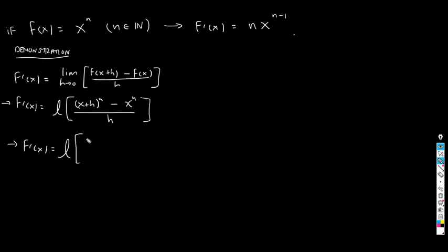Let's continue. f prime of x is going to be equal to the limit as h goes to 0 of the following. Let's expand this binomial to the n. Okay, now it's difficult because it's an unknown exponent, right? So what we can do is just this. What's going to be the first term? The first term is going to be x to the n, like we said before.